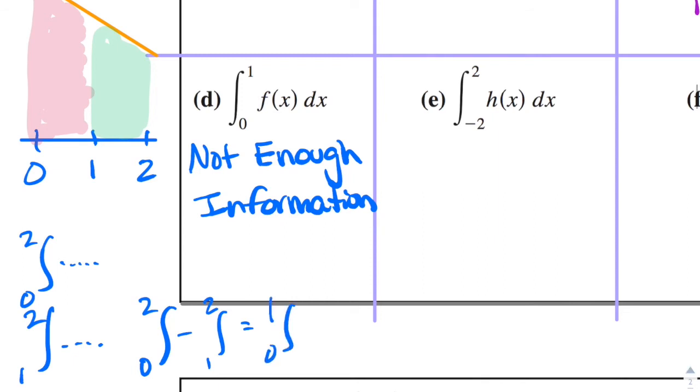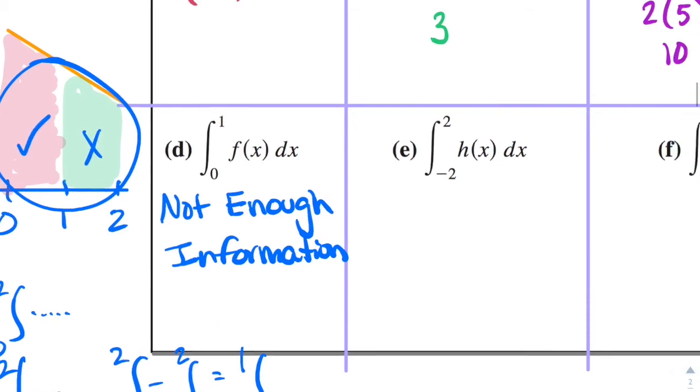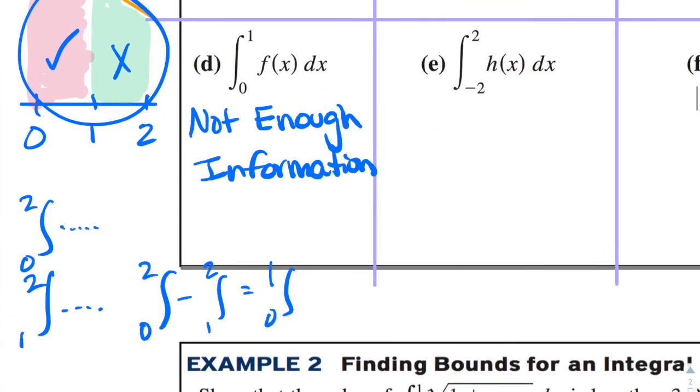Let's think about this. 0 to 2, this whole area. If I take away from that the 1 to 2 part, aren't I left with the 0 to 1 part? Which is this part right here. So think about a number line, and if it works, it works. If it doesn't, it doesn't.